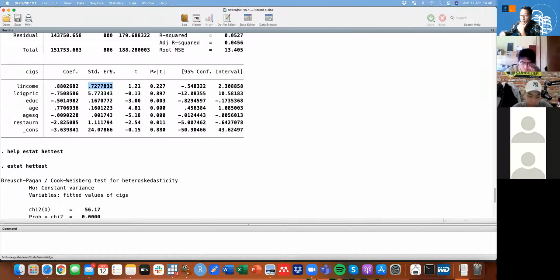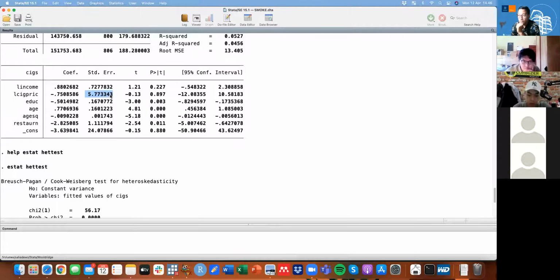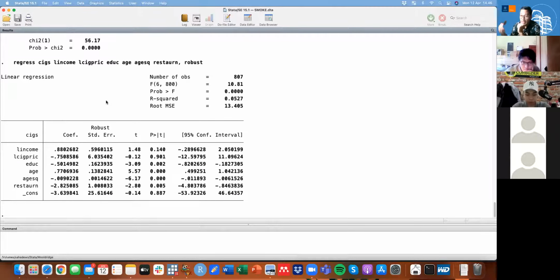However, for the log of cigarette price, the estimated standard error is now higher. The big question is, what causes the fact that one is underestimated and the other one is overestimated? It really depends on the relationship between the variable of interest and the other explanatory variables in the model. That's going to affect the estimated variance of the variable.